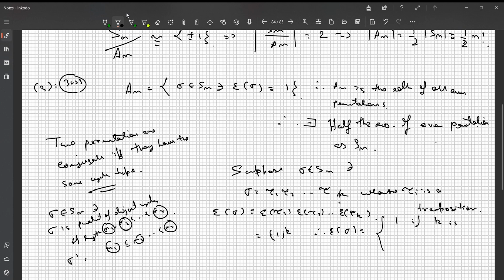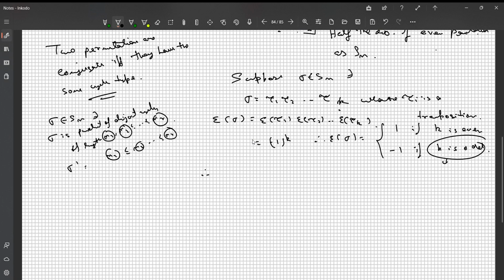Thus, epsilon of sigma is 1 if k is even, and is minus 1 if k is odd. But what does k is odd mean? It means sigma is the product of an odd number of transpositions, which means sigma is an odd permutation, right?